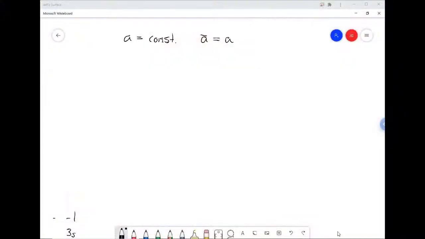But the reason we're doing that is because then we can say acceleration is equal to change in velocity over time, or final minus initial velocity divided by t. Let me write that again.